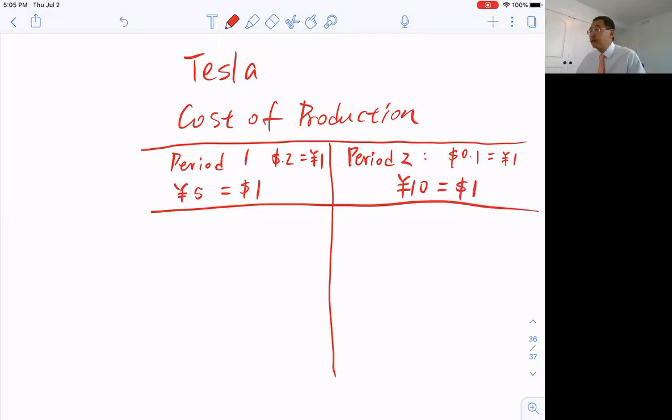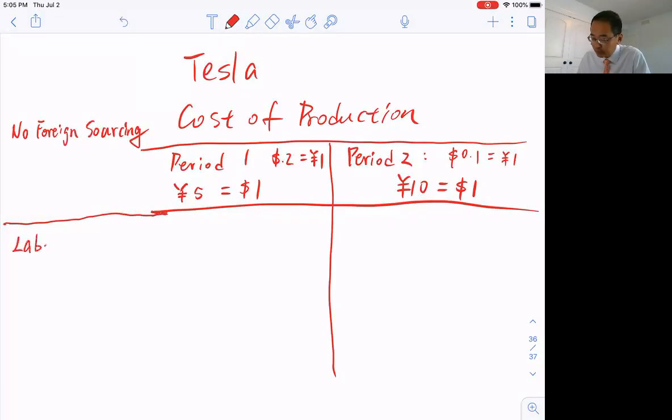Now first, let's assume there's no foreign sourcing. That means everything is made in America. So if this is the case, let's say that first of all we have labor costs. Then we have materials, so batteries and metal and tires and all that.